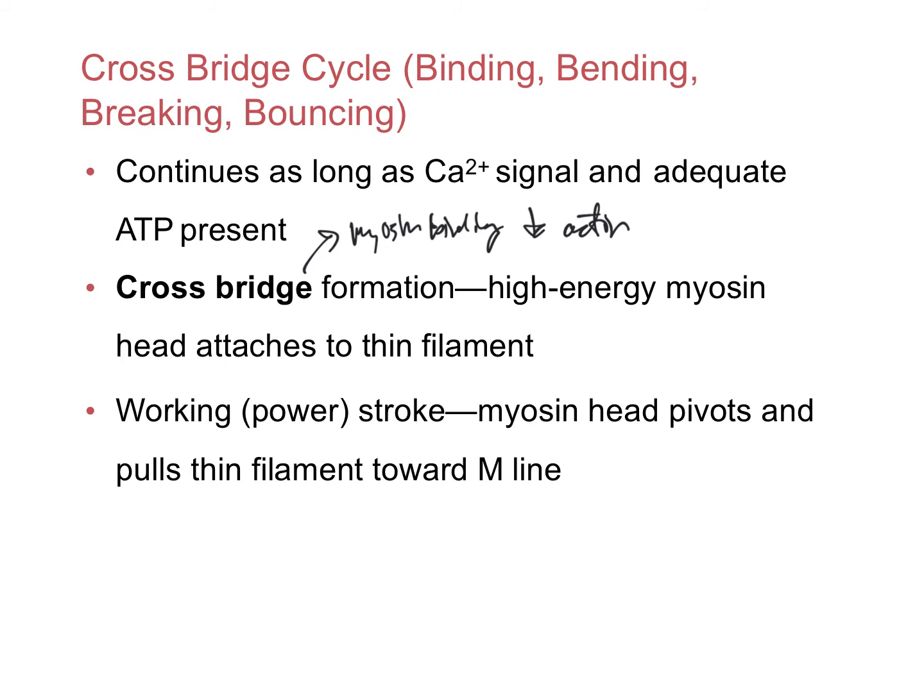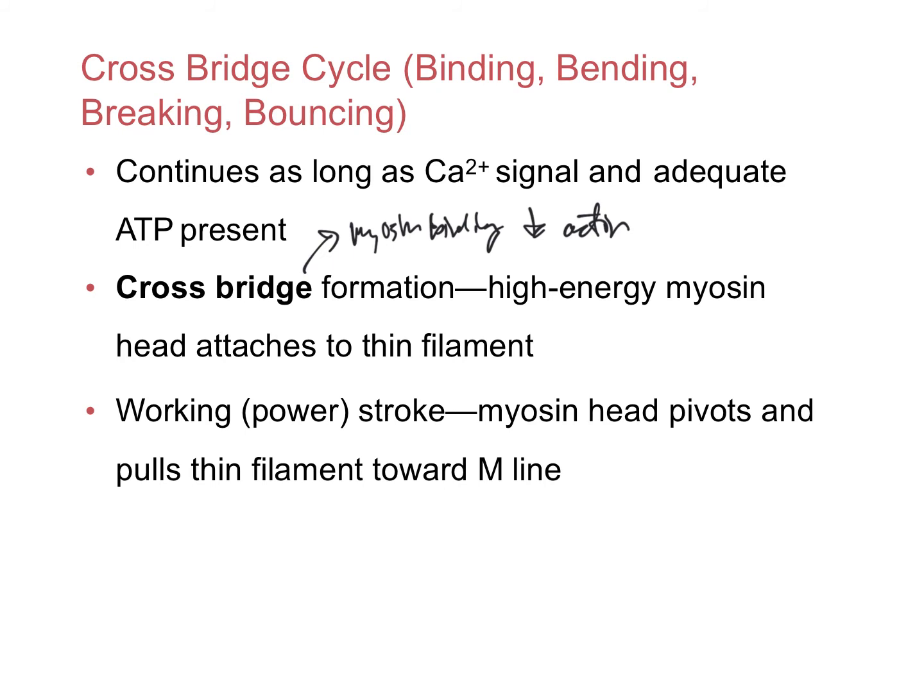It is like sprung. It is pulled back like a spring. I use the analogy of a mouse trap, right? It is in a high energy, ready to spring position. And as soon as it binds to actin, that spring is sprung and contraction occurs.